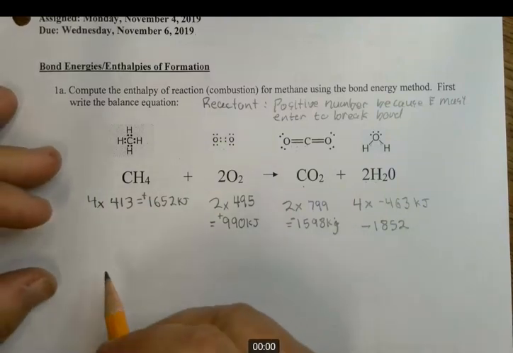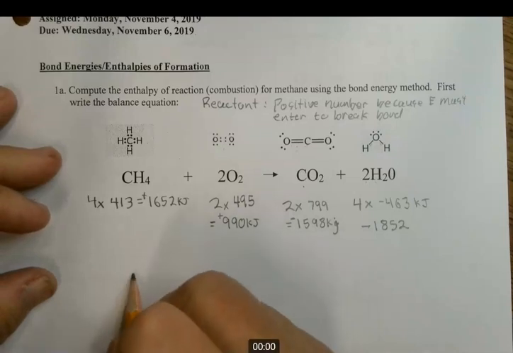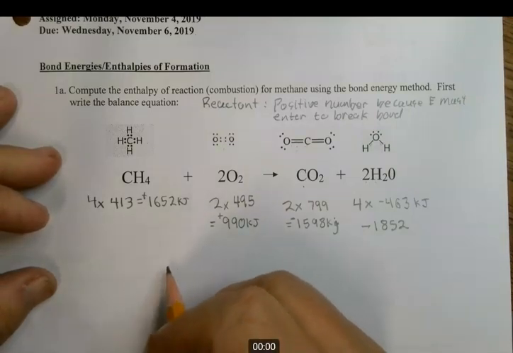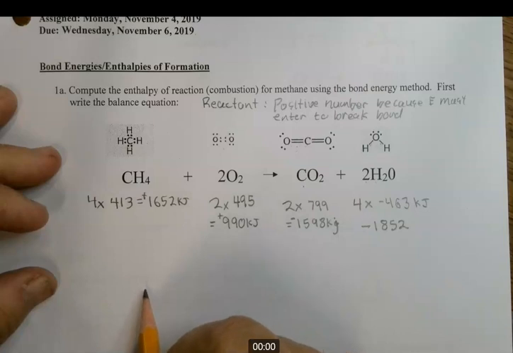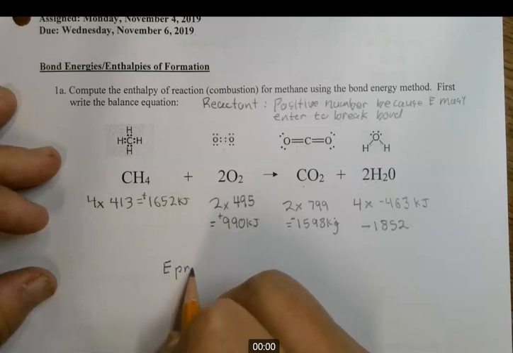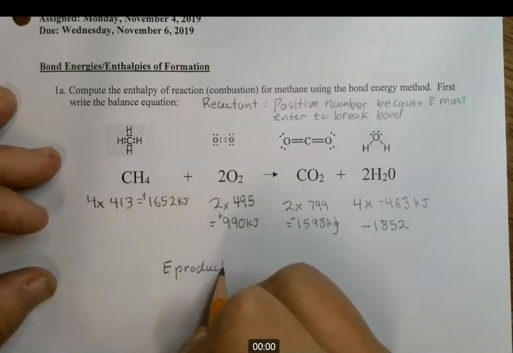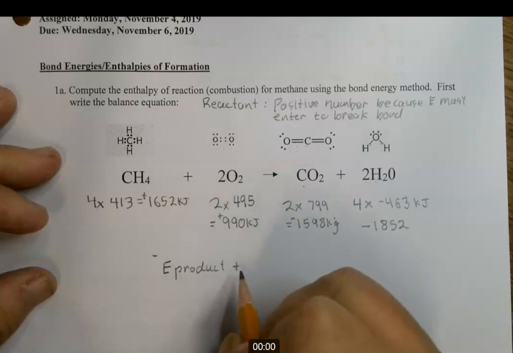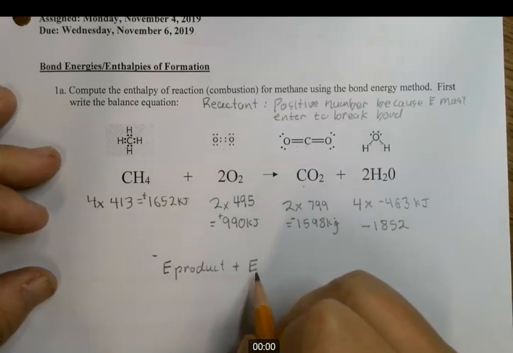So what your equation is, the way to view it a little bit differently than I said, is the energy of the products, which is going to be a negative number, plus the energy of the reactants, which is going to be a positive number.